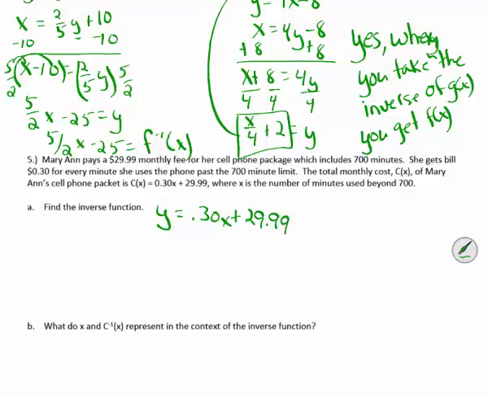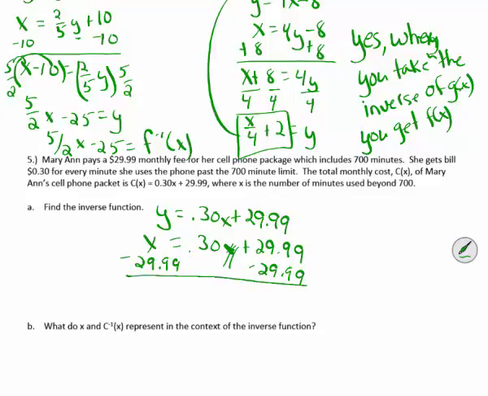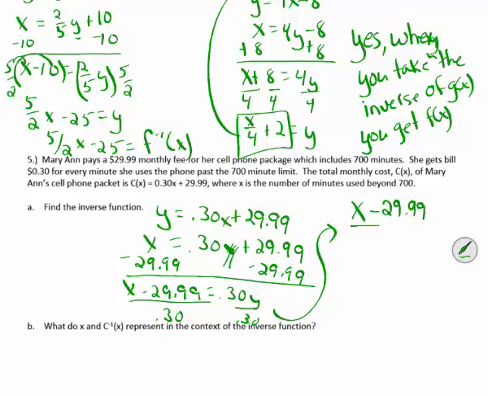I am going to flip spots, x equals 0.30y plus 29.99. Solve for y, so I have to move my 29.99 over. So x minus 29.99 equals 0.30y. Divide by 0.30. Because I'm trying to divide by a decimal, I can just show it like that and keep it as one big division problem. So I'm just rewriting it over here. Equals c negative 1 of x.